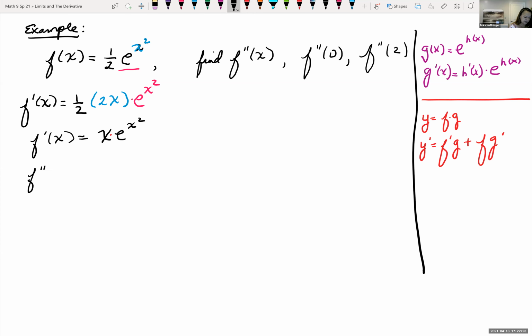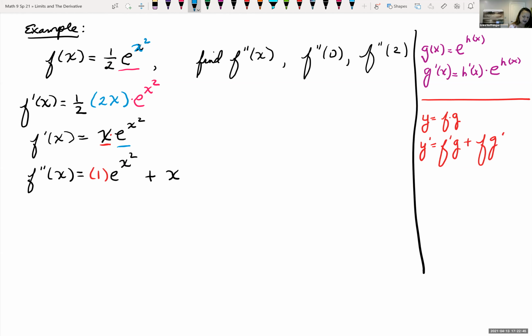So for the second derivative, we're looking at the derivative of the first. So the derivative of x is 1, all times the second, which was our e to the x squared, plus the first, which is x, times the derivative of the second.